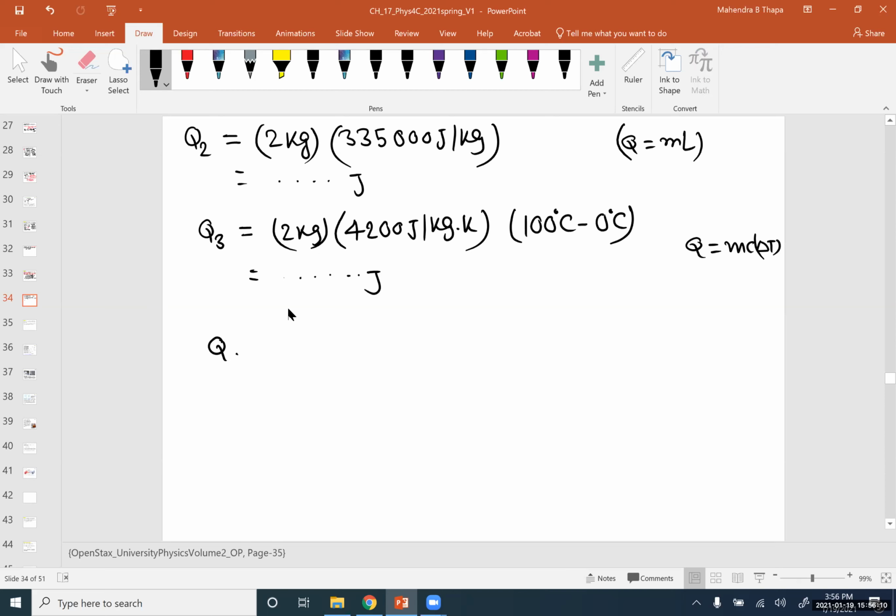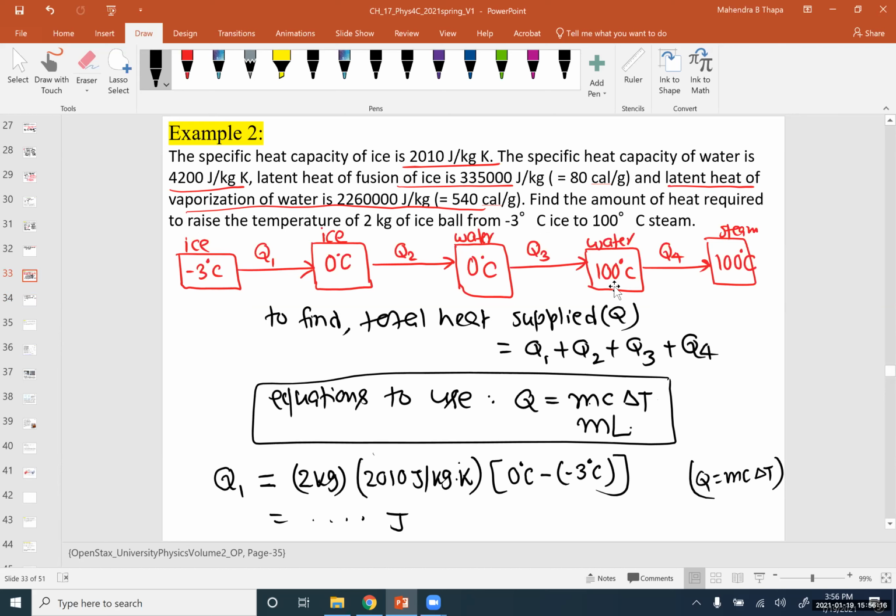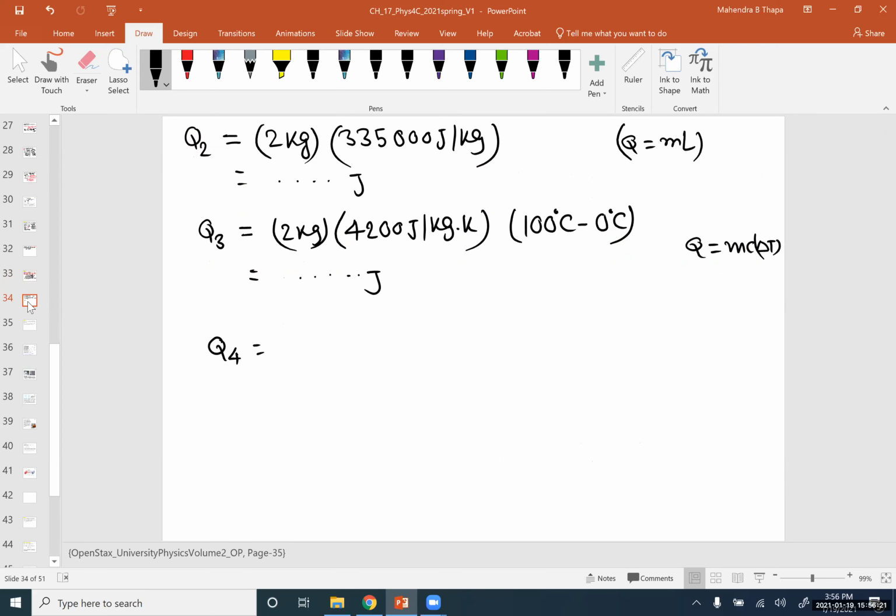Finally, you can find Q4. Q4 is from 100 degree water to 100 degree steam. So there is a phase change. So we must use the equation Q equals ML, the specific latent heat, in the case of change of state from liquid to gas. Okay.